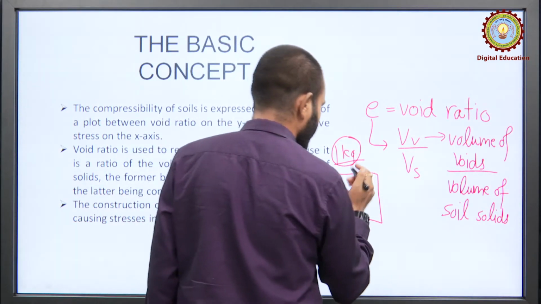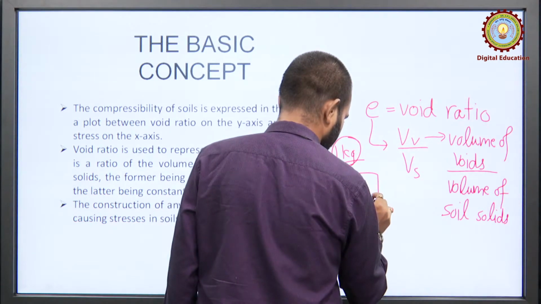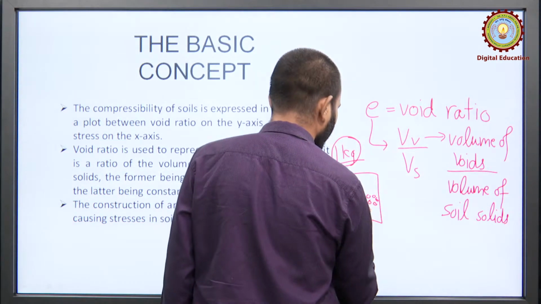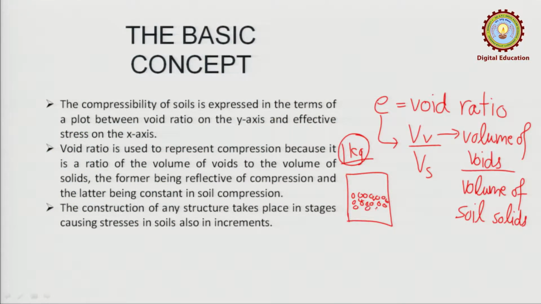The mass of soil solids will obviously remain constant in this 1 kg of soil, so the particle concentration will be constant for that measurement. So this V_S will be constant for a given mass.